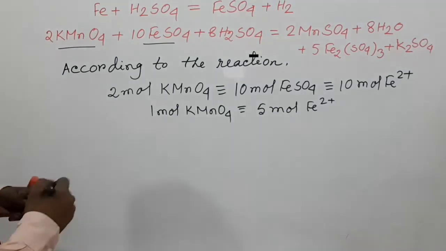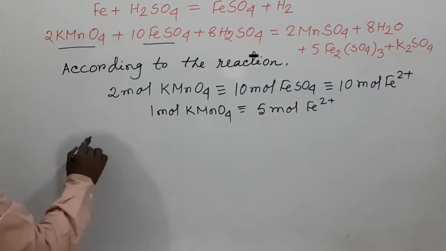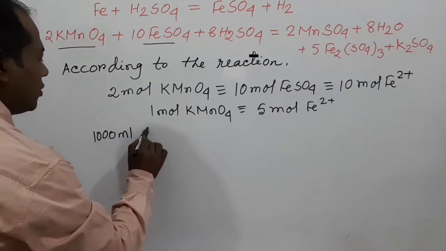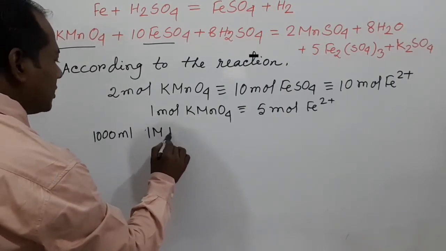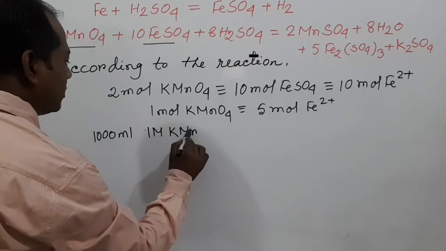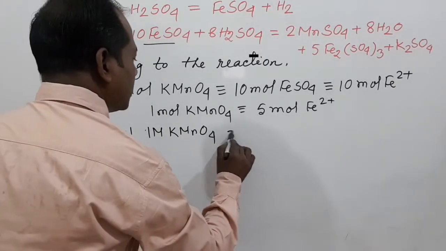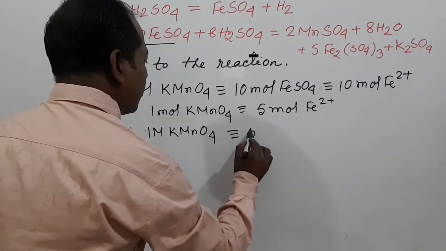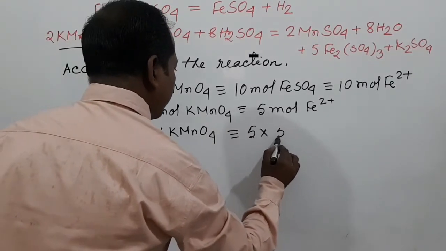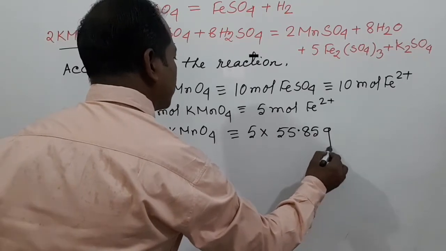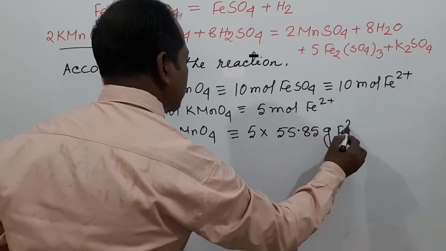So, here we can write 1000 ml 1 molar KMnO4 is equivalent to 5 into 55.85 gram Fe2+.